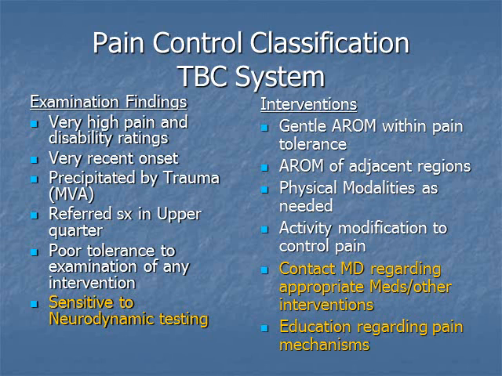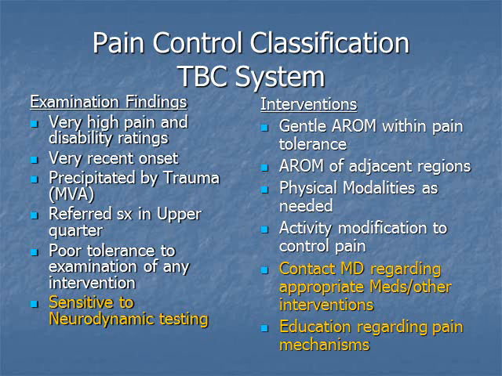Interventions essentially get them to start moving gently. So gentle active range of motion within their pain tolerance. Move other stuff. Okay, so range of motion of adjacent regions. Physical modalities as needed. TENS, heat, ice.